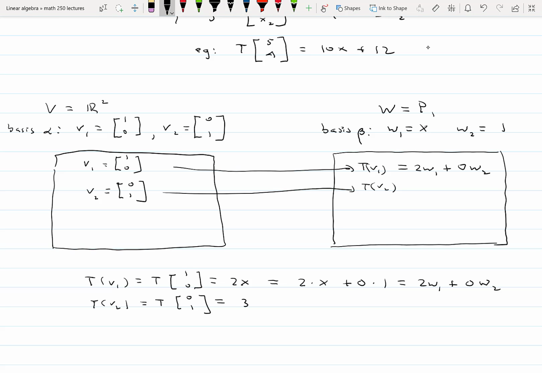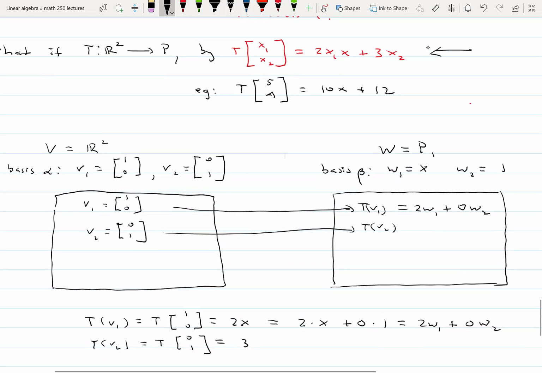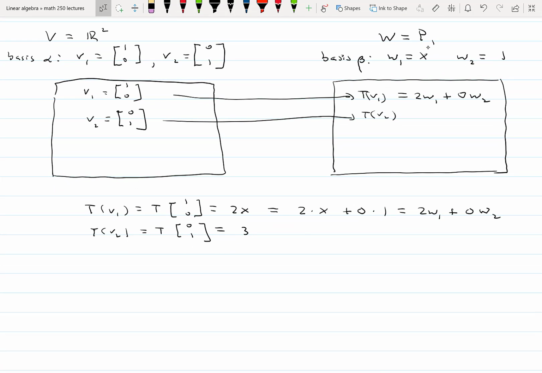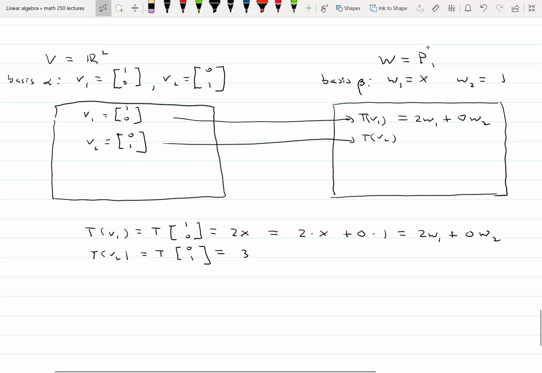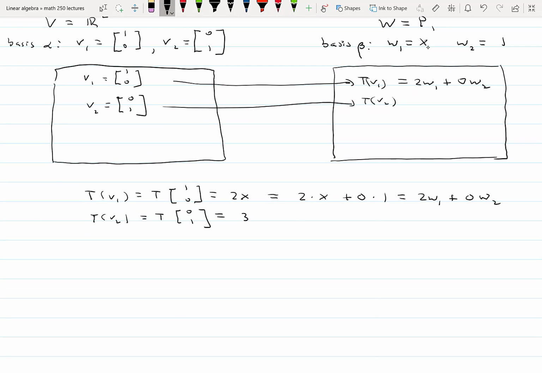If you're not sure about that, I'm going to highlight our linear transformation in red. T of (x1, x2) is 2x1 times x plus 3 times x2. So if x1 is 0 and x2 is 1, we get 3.